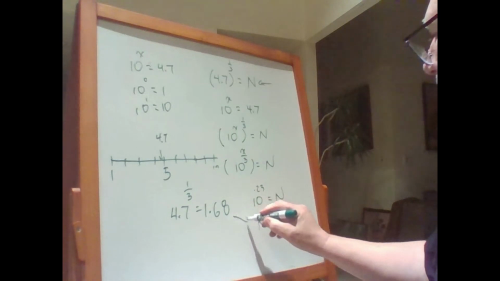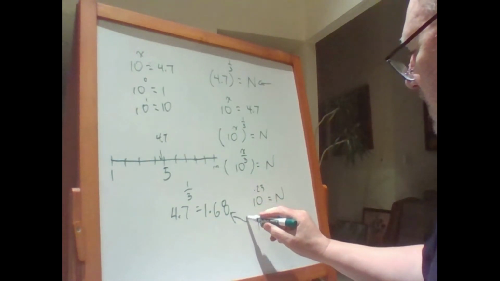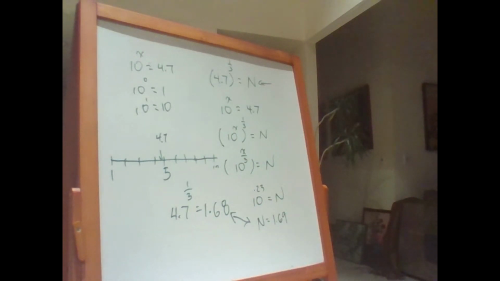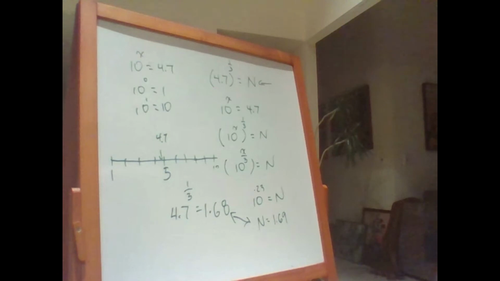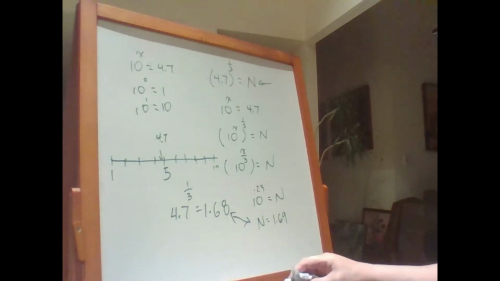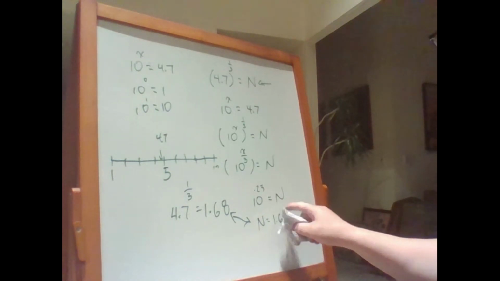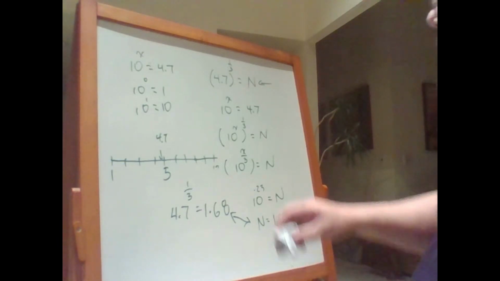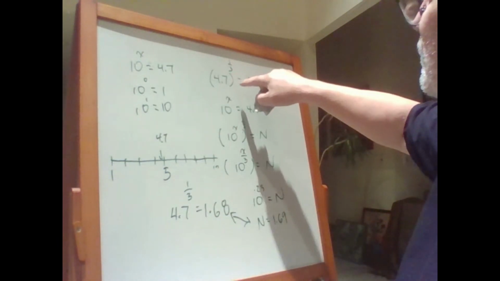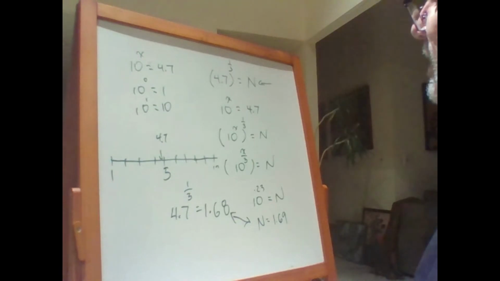We were close with our guess. We could have just calculated that directly, but we used some interpolating in base 10, given this information, and then used that to find a solution for n.